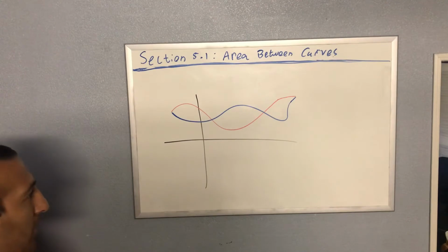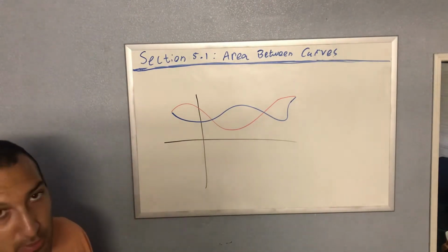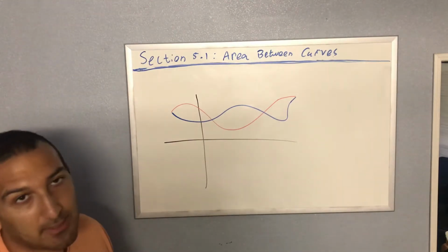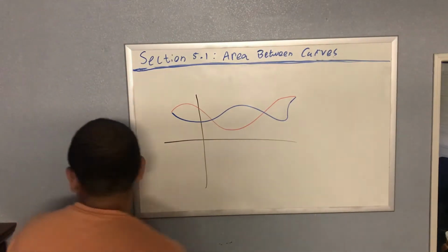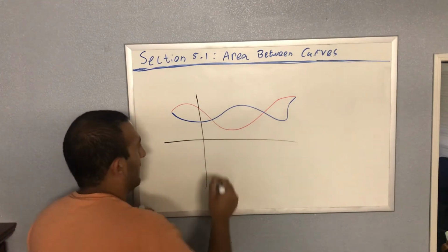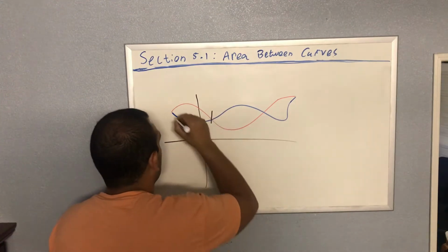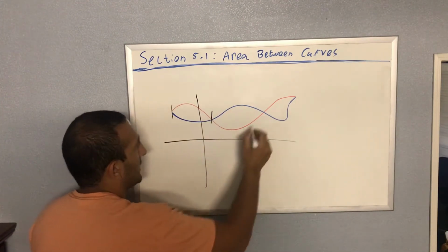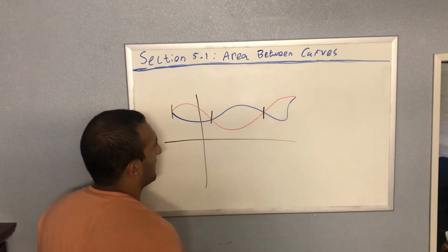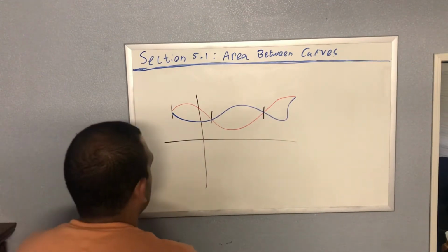Now, in different regions, one function is the top one and the other function is the bottom one. For example, the three different regions we'll get will be the one between, so like this region, and this one. So we have three different regions in this case.